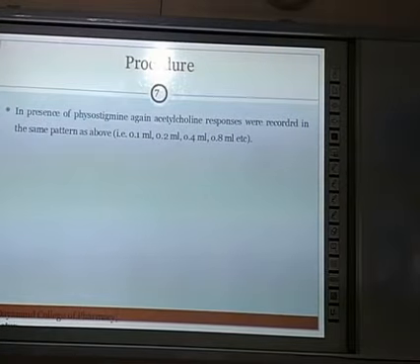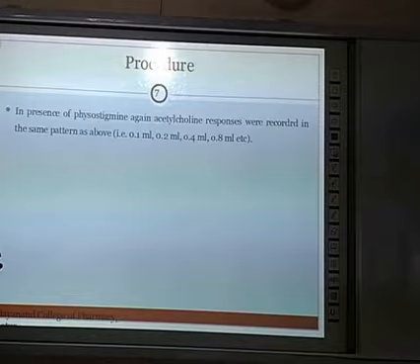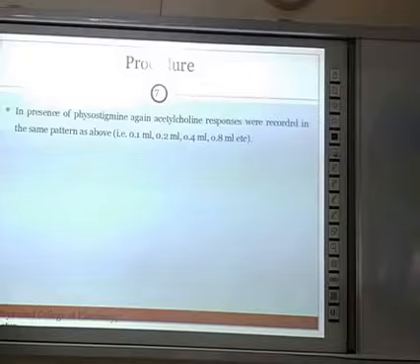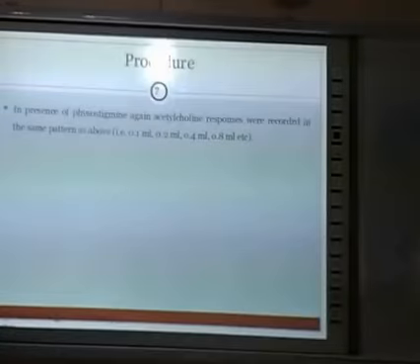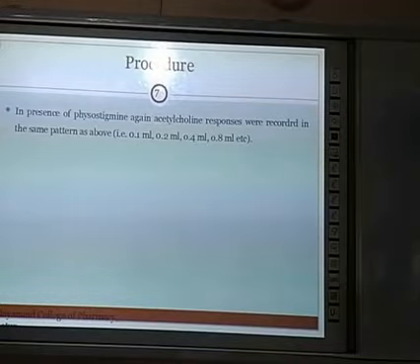So this is the next step, recording the effect of physostigmine with acetylcholine at the same doses.